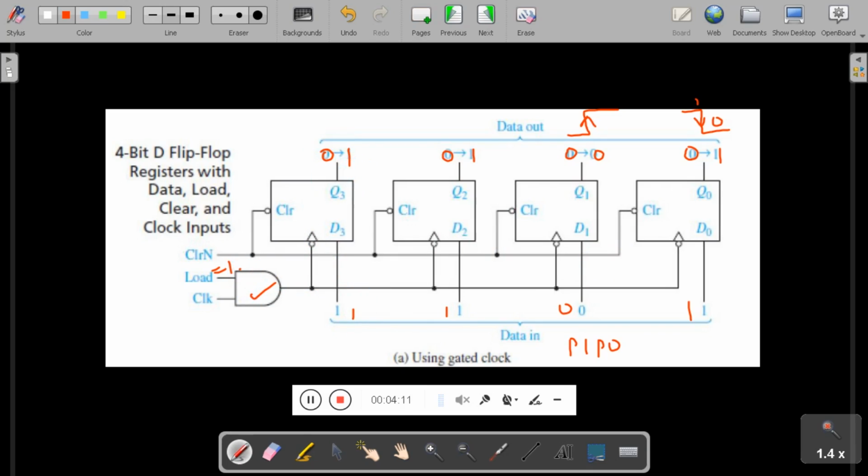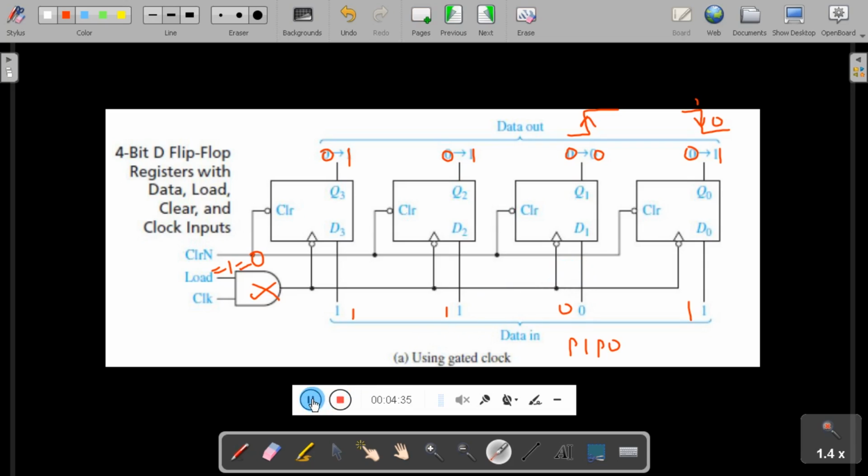When the load signal is 0, this gate will be disabled. This in turn blocks the clock signal to the flip-flops. So the output of the flip-flops remains in the last state only. So this is the construction of a 4-bit register using D flip-flops.